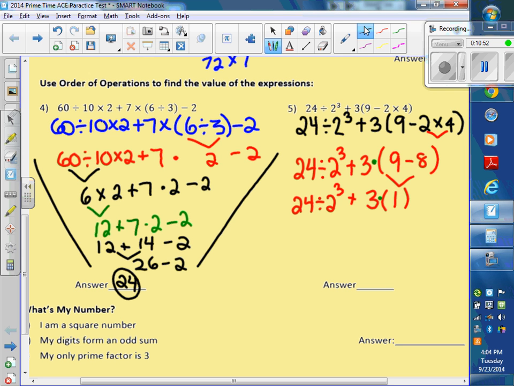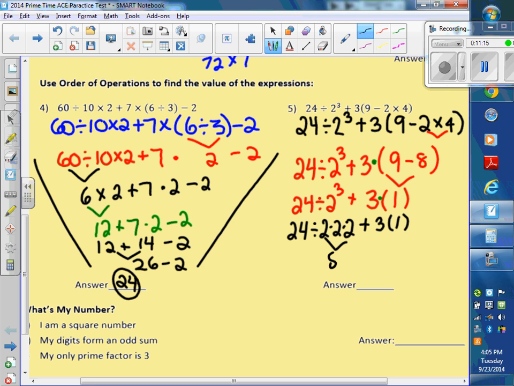So I've done the parentheses, now I have to do the exponents. So 24 stays alone. This is 2 to the third power, which is 2 times 2 times 2 plus 3 times 1. We have to figure this exponent out before we do the division.